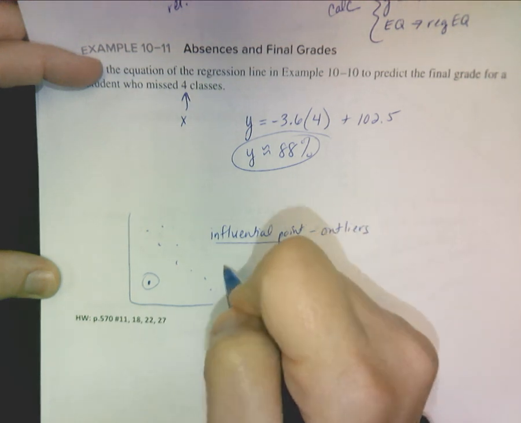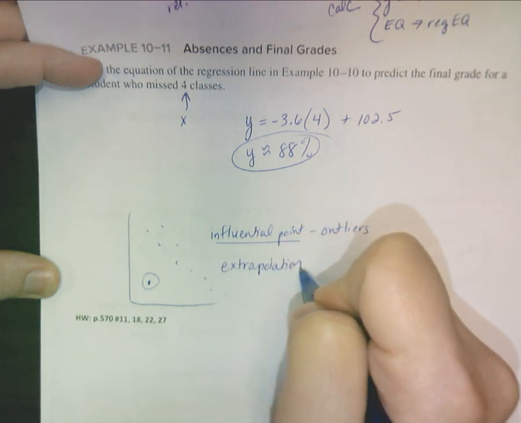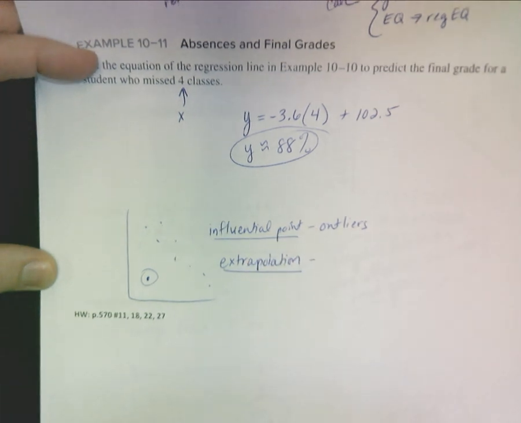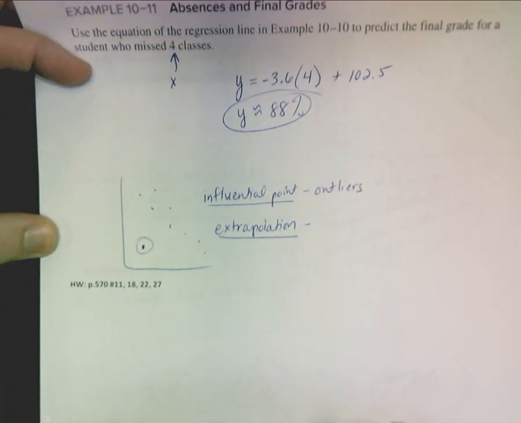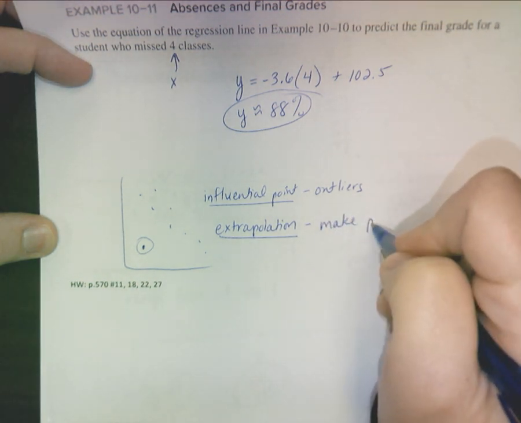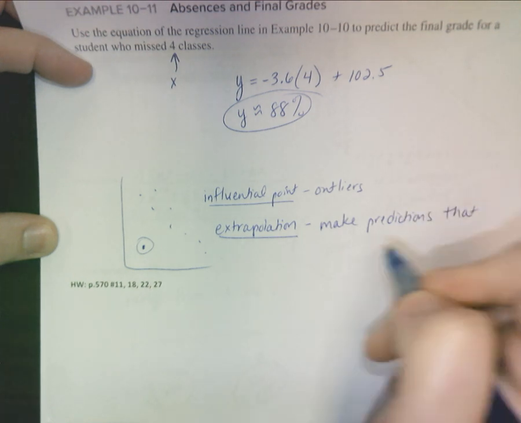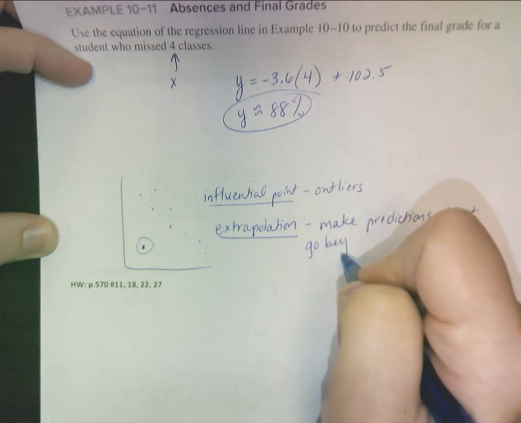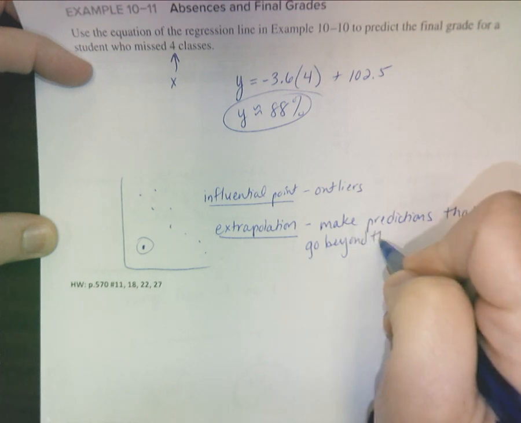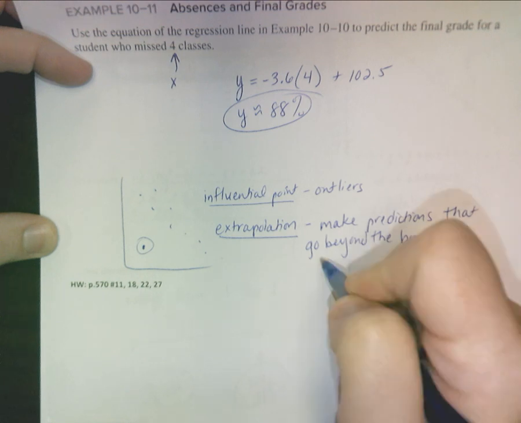And then another big word is called extrapolation. In statistics, when you extrapolate, you make predictions that go beyond the bounds of your data.